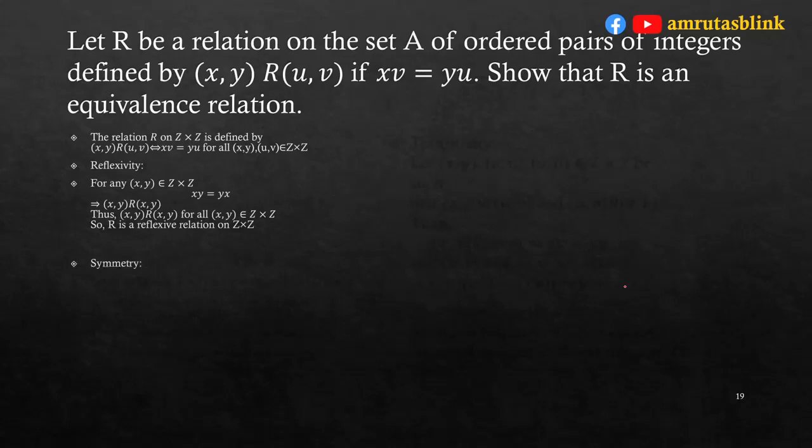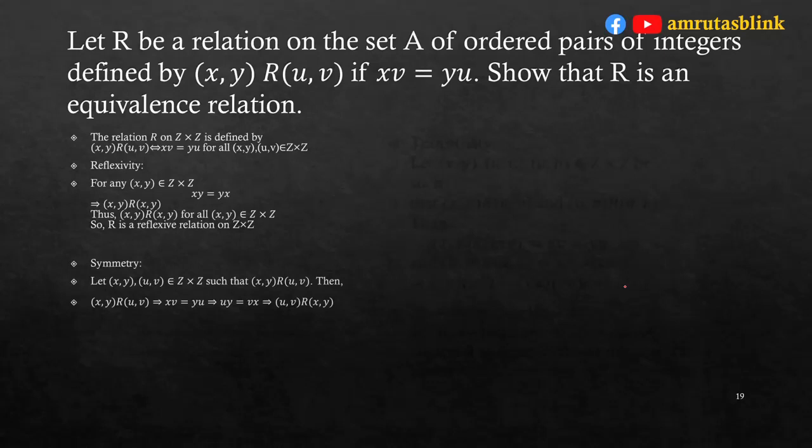Let (x, y) and (u, v) belong to Z Cartesian product Z such that (x, y) R (u, v), then we can say that xv is equal to yu, which implies that uy is equal to vx. So when (x, y) is related to (u, v), we can also say that (u, v) is also related to (x, y), and hence this relation is symmetric on Z.